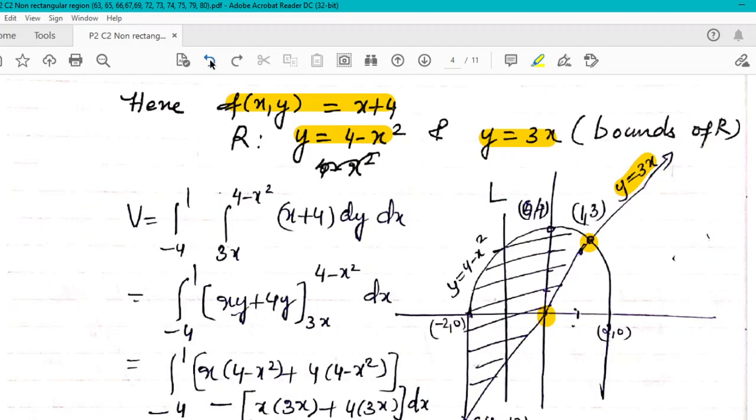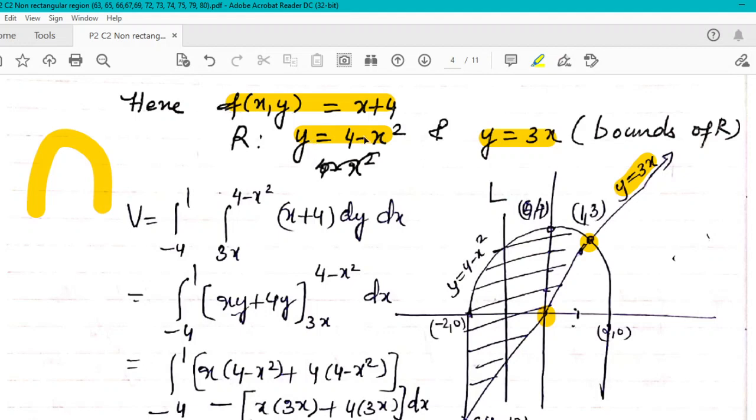In the same way, a parabola x square equal to 4ay is of this type, and x square equal to minus 4ay is of this type. So here we will have a parabola of the form x square equal to minus 4ay.